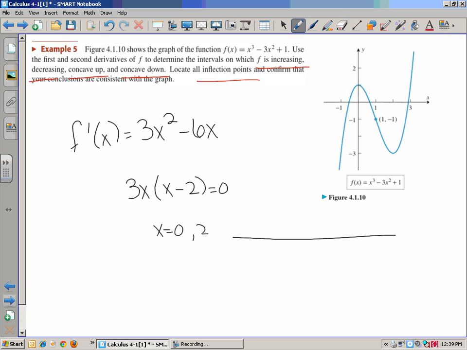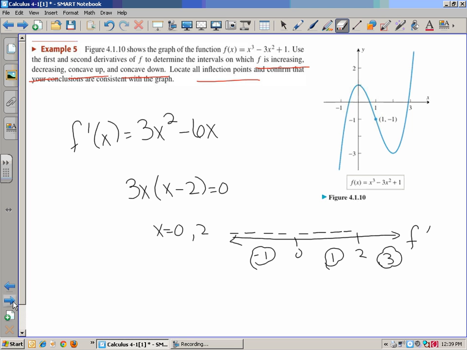I want to make my sign chart. I want to choose a number to the left and right of each of those. And now I want to test them in the first derivative. So I want to put in negative 1, and I get negative values. When I plug in positive, I still get negative values.